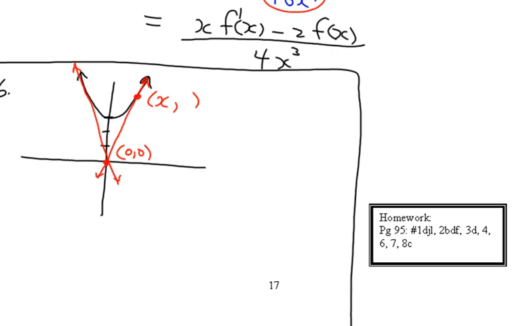So I guess I just better put a point like x there, because I don't know what it is. And for the y-coordinate, I could put y, but I have more information than that. I know the formula for my y-coordinate. It's x squared plus 3. So I could at least put that in there.